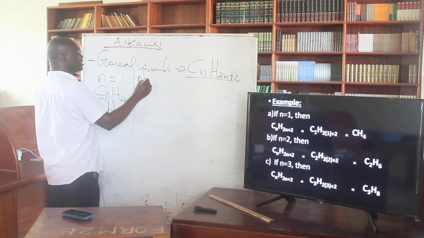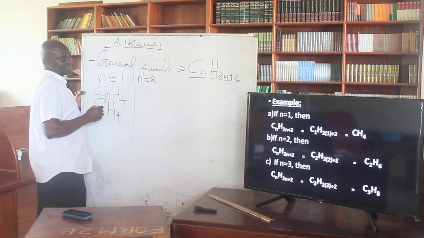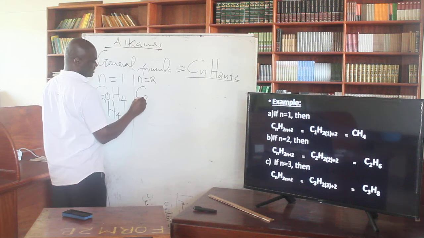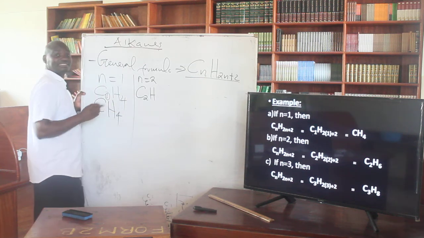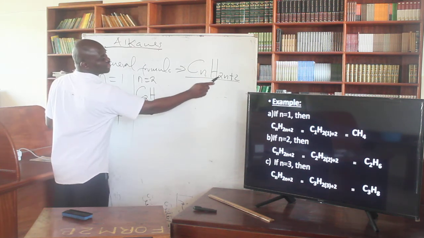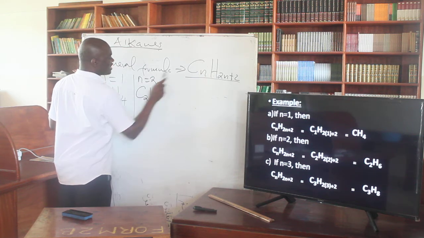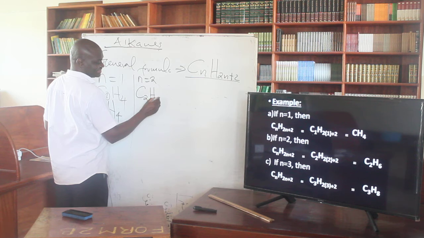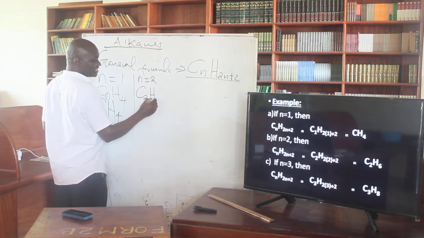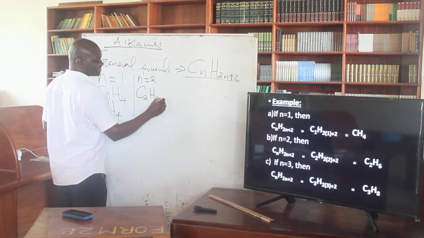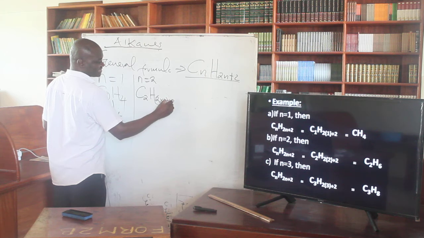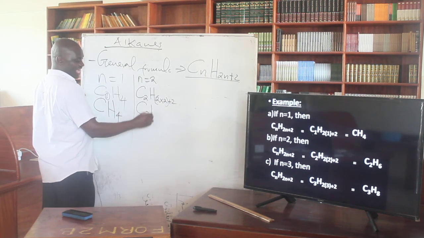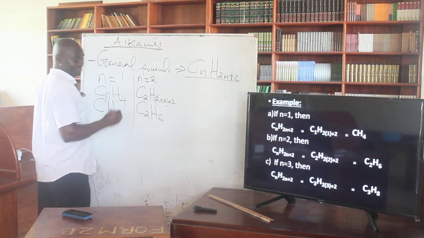Where n is equal to 2, then we substitute. So we'll have C2, and hydrogens 2n plus 2, meaning 2 times 2 is 4, plus 2 is 6. So we'll have C2H6.